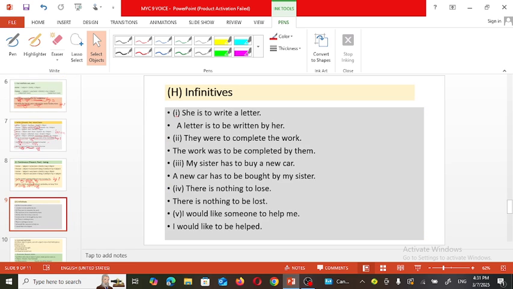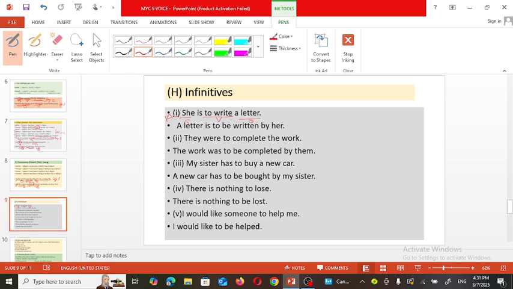Now see the next example. Here, when infinitives are used in the sentence, how the sentence should be changed, that we will see. She is to write a letter. She is the subject, letter is the object, and to write is the verb.